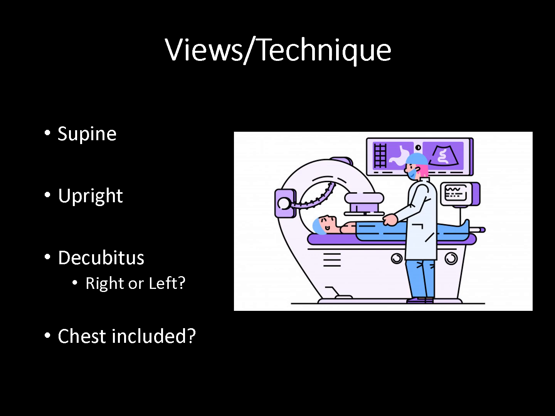And then there's decubitus, which means laying on your side. It can be either the right side or the left side. And we'll also get into what we prefer. Usually we do left lateral decubitus, and why that's important. And then we'll also talk about checking if the chest is included as part of the same series, specifically an upright chest, and why that's important as well.